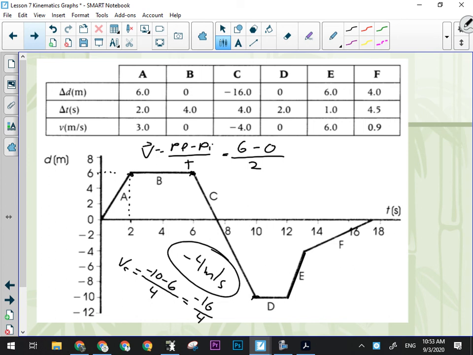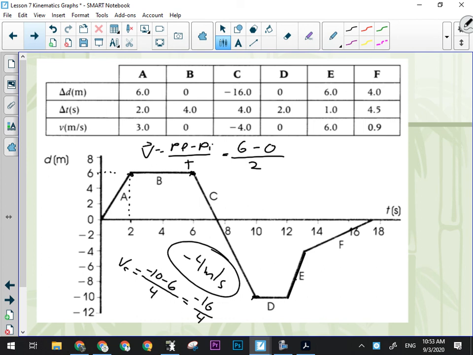The line is steeper. Steepness or slope tells us about how quickly y changes with respect to x. Since this line is steeper, the position is changing faster here than it is here. That means this is going faster than this is.